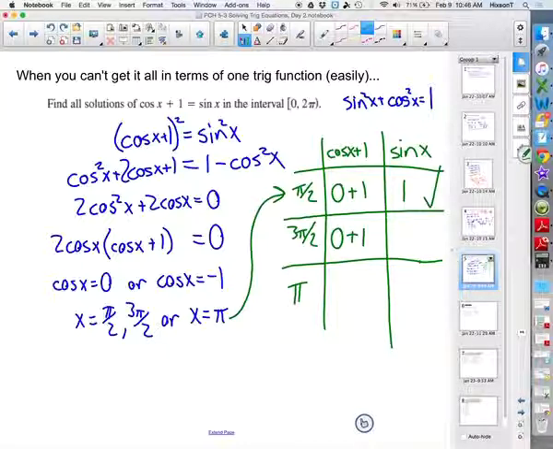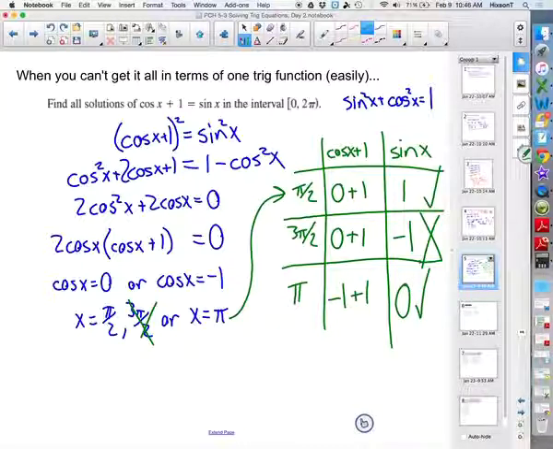What's sine of 3 pi over 2? Negative 1. So that one does not work. Now let's try pi. Cosine of pi is negative 1. Negative 1 plus 1 is 0. What's sine of pi? 0. So that one worked.